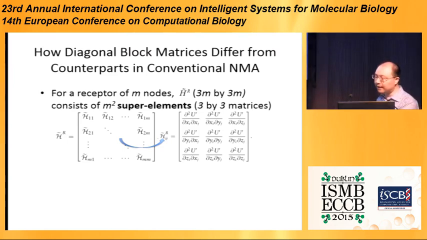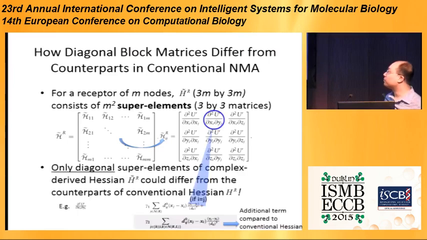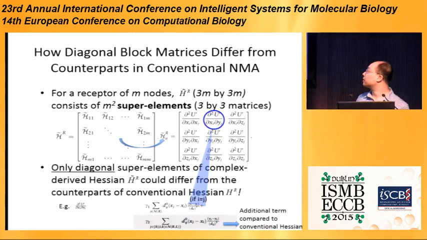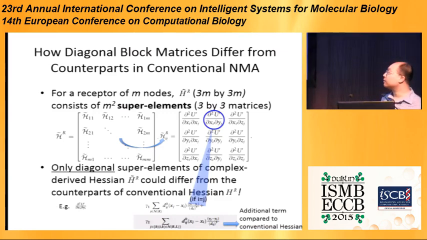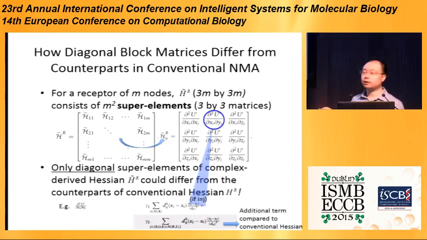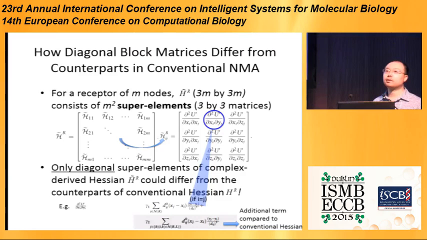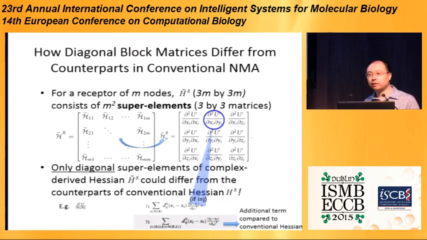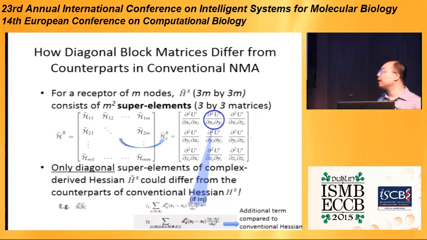So it turns out that compared to the corresponding elements that you get from the conventional normal mode analysis, only diagonal superelements can differ, and these superelements correspond to those atoms that can form intermolecular interactions. In other words, only the different degrees of freedom of the same atom which forms intermolecular interactions, the coupling has been changed.